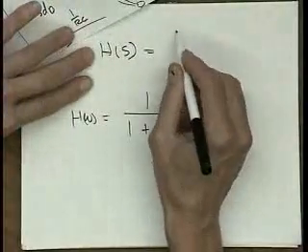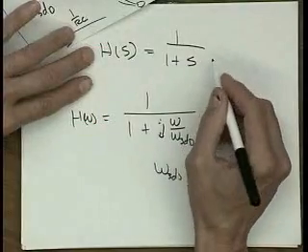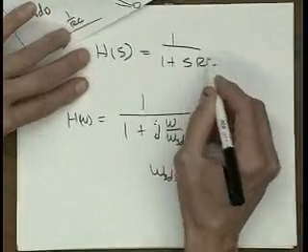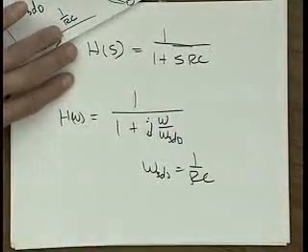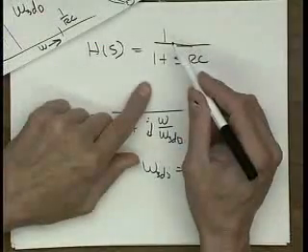H of s is going to be equal to 1 over 1 plus sRC for this circuit, okay? And the pole of this Laplace transform is where this thing goes to infinity. That's the definition of a pole. Where does this thing go to infinity?